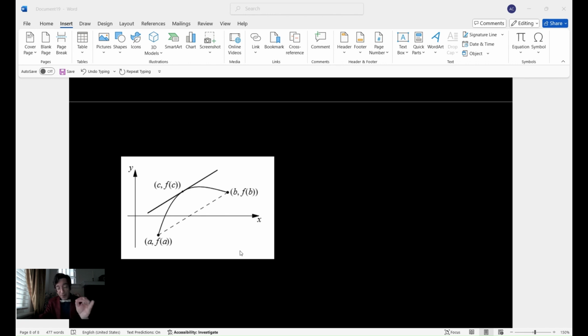So the theorem says if f is a continuous function on the closed interval, let me write it out now.